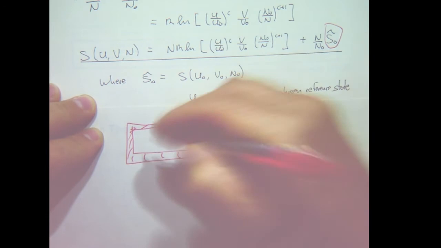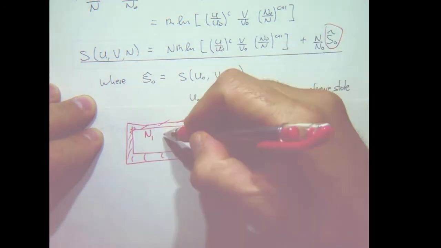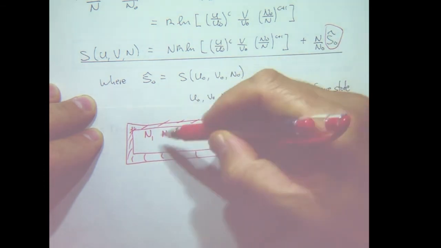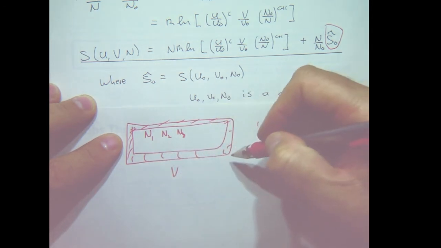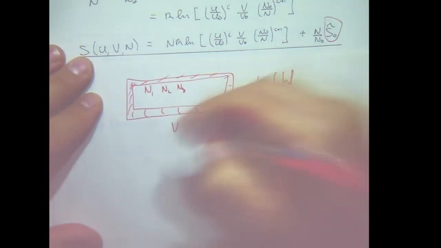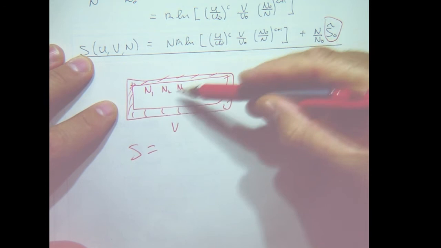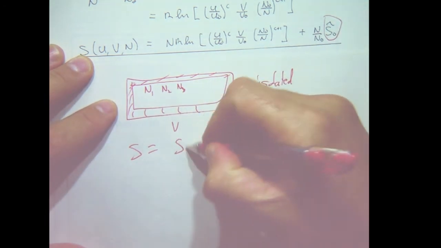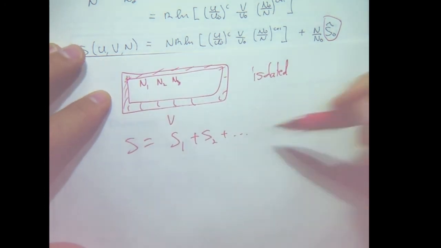And let's say you have N1 moles of one species of gas and N2 moles of another one, N3 moles of another one. So you have several ideal gases in the same container, in the same volume V. And they're all in equilibrium because we're talking about equilibrium thermodynamics. What would be the total entropy, do you think, of the gas mixture in there? It seems reasonable that it would be S1 plus S2 plus, or it's a sum of the entropies.